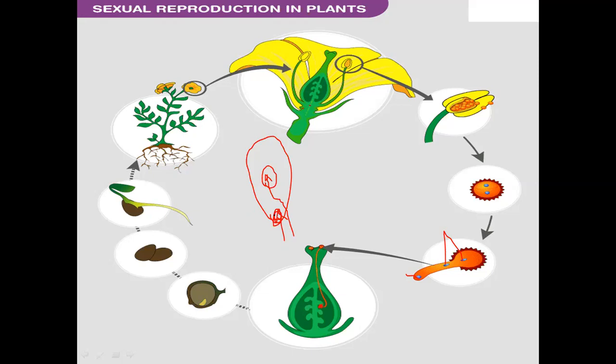From this fertilization, this embryo will be formed, and this embryo will transform into the new plant when we grow the seeds. These are the roots, and the shoots come out from this plant. And the other cell is transformed into this whole spread-out material that is used as food by this embryo.